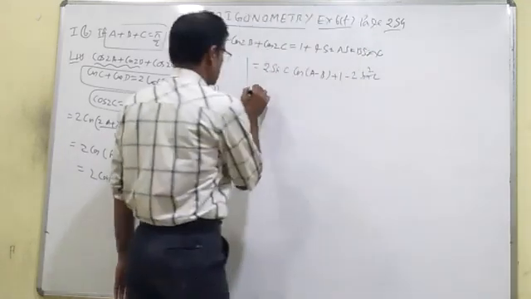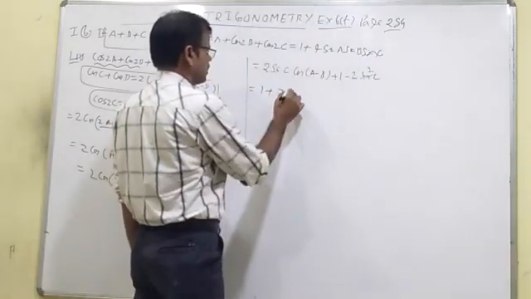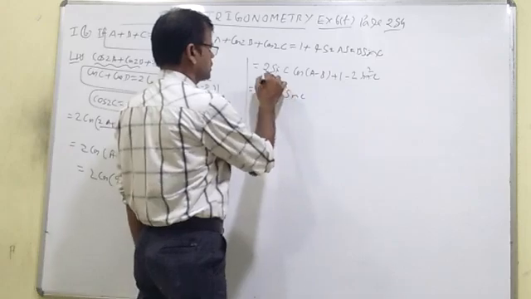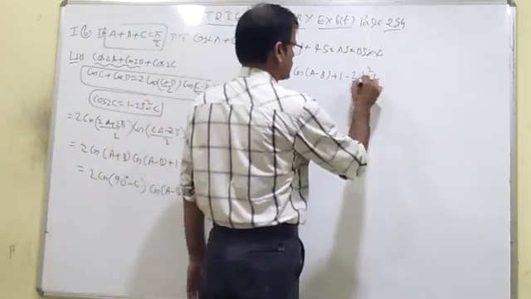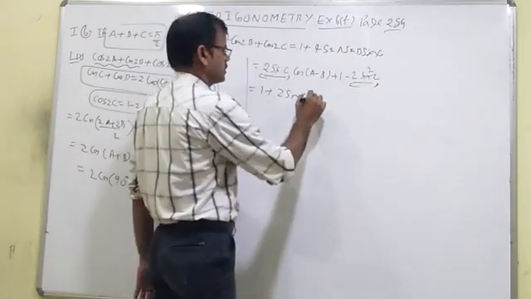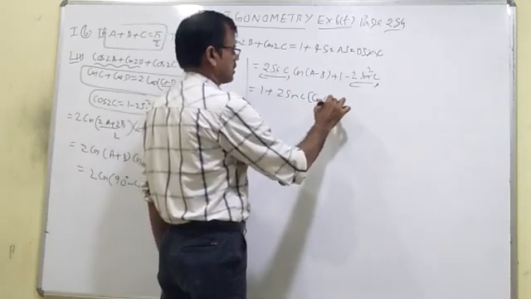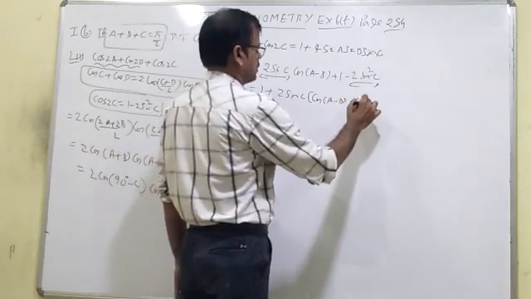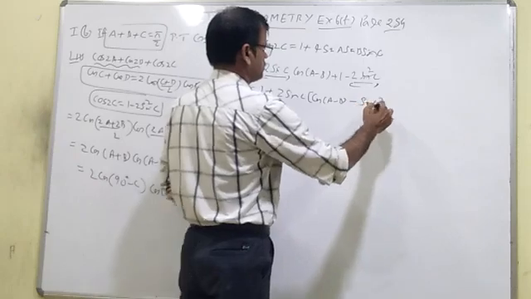Now write the number 1 separately, plus take common 2 sin c. Within the brackets you can write cos of (a minus b) minus sin c.